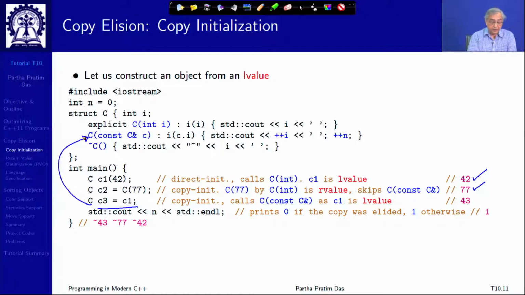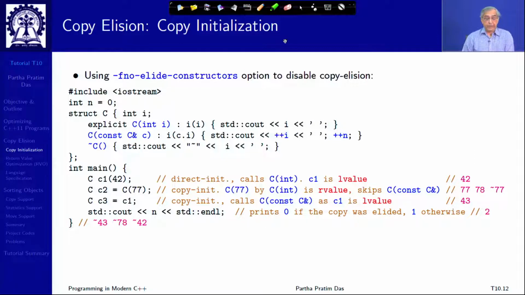And as it invokes the copy constructor, C1 has a member value 42, so it increments it to 43. So, it prints 43, and at the end of the program you will now see 3 objects getting destructed with their respective values. So, this is the basic copy elision that the compiler does.